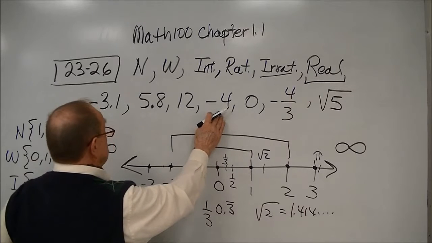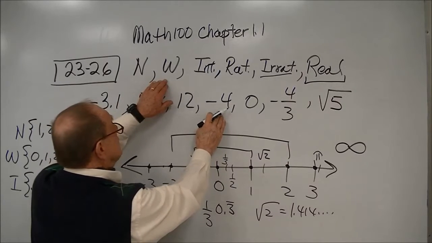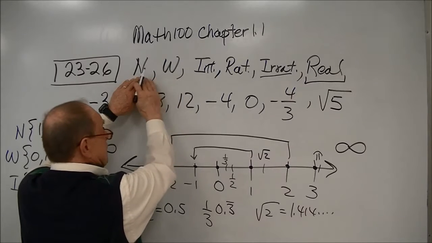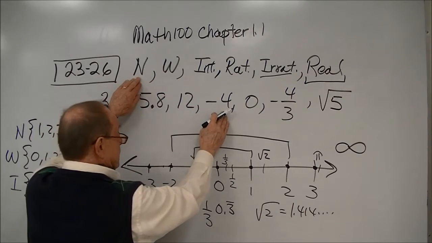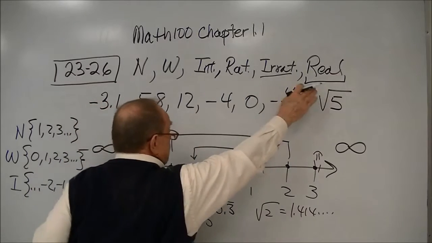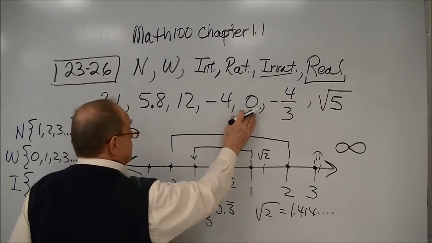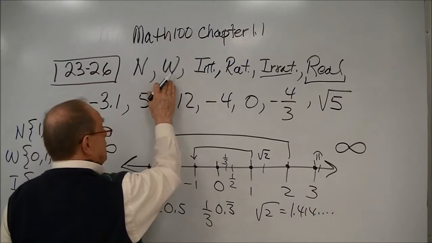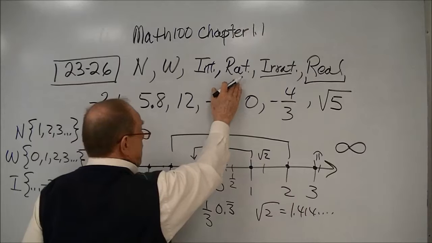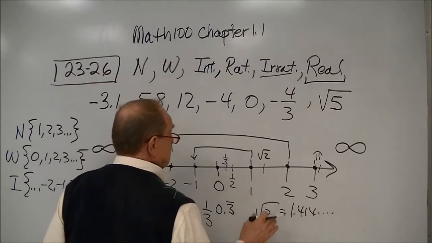Now 4 is not these two, because negative numbers are not whole numbers or natural numbers, but it's an integer, and it's rational and real. And 0 is a whole number, it is an integer, it is rational, and it is real.